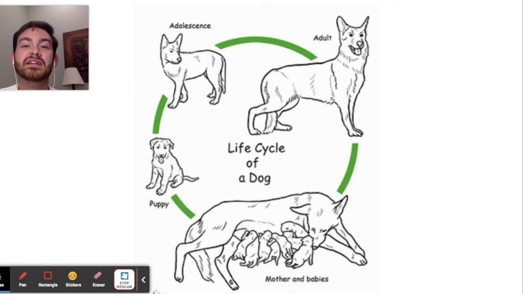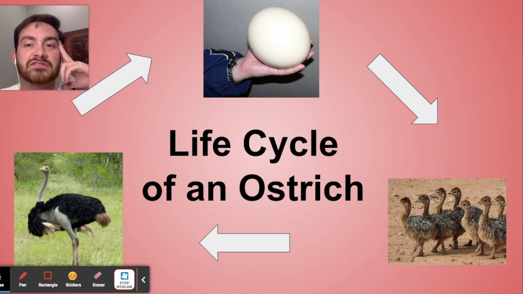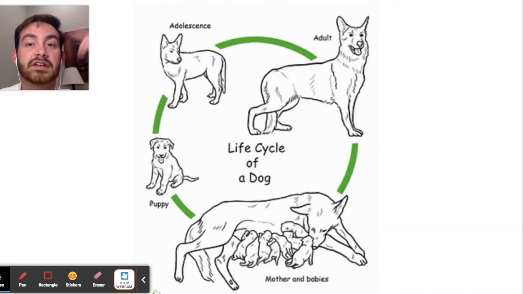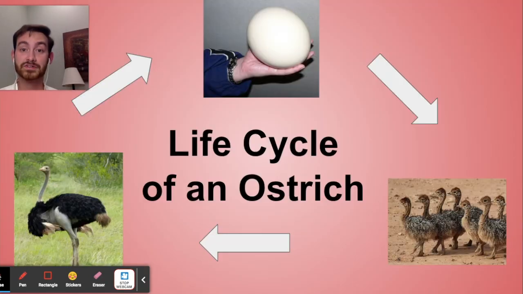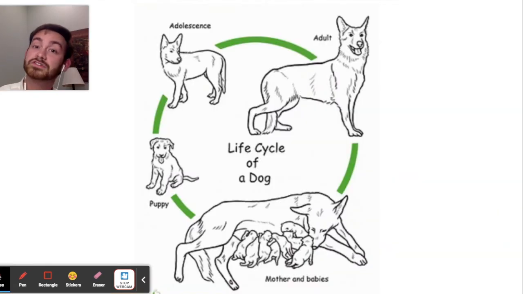What is something that is different between this dog's life cycle and the ostrich life cycle? If you said that the ostrich starts as an egg and the dog starts as a puppy, you are correct. They do not start the same way, but they both result in having a young offspring.